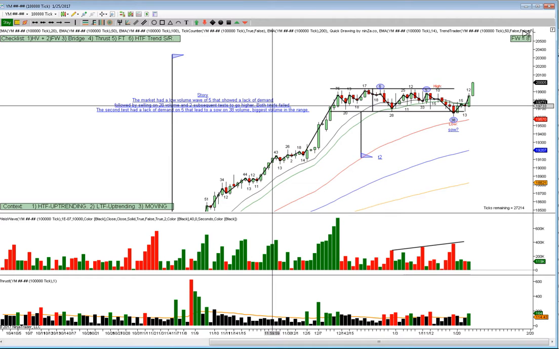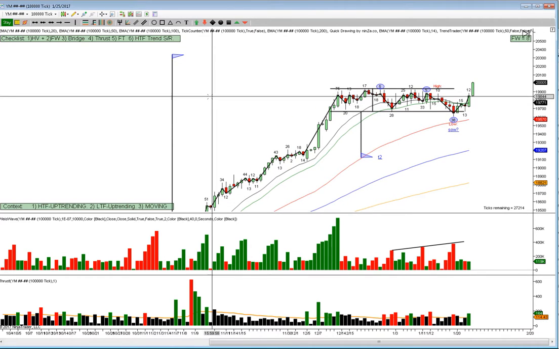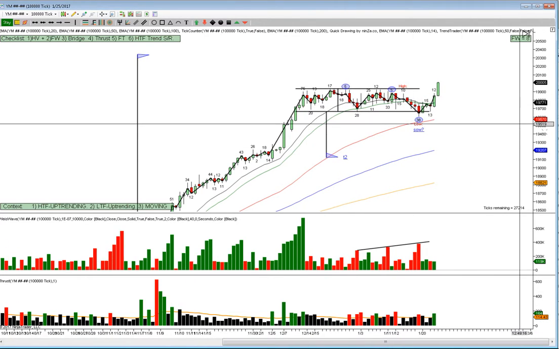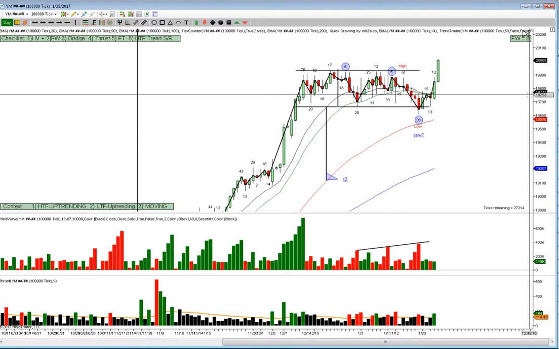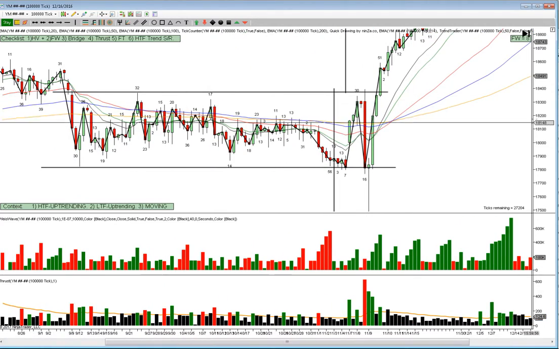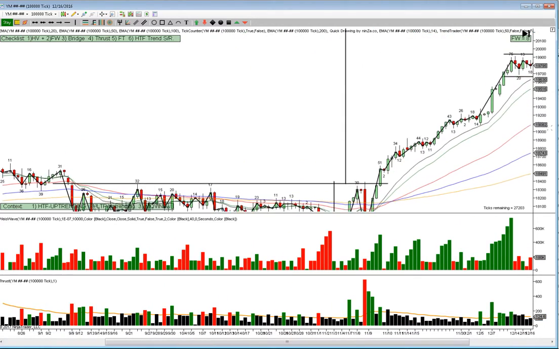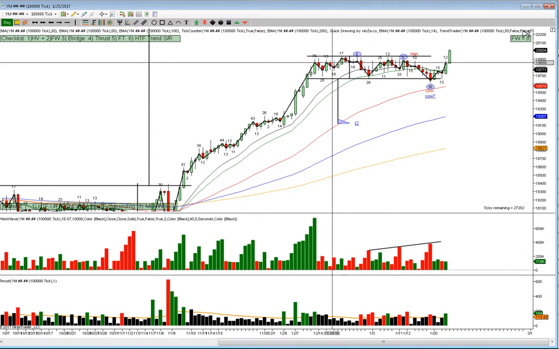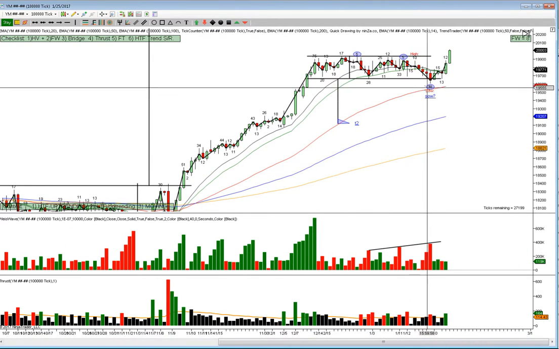This is the Dow. This really confused me. I can't read this, so forget that. Over here, this is 38 down.